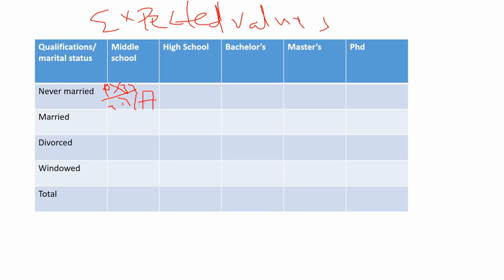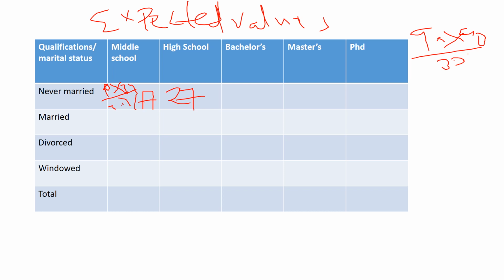The same case we get for the high school. We know that that row has the total of 90, then multiplied by the column for the high school, we had the total being 90, then we divide by 300 and we get 27.